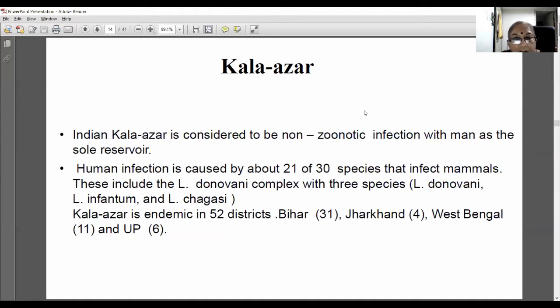This includes the Leishmania donovani complex with 3 species: Leishmania donovani, Leishmania infantum, and Leishmania chagasi. Kala Azar is an endemic disease in 52 districts: Bihar 31, Jharkhand 4, West Bengal 11, and UP 6.